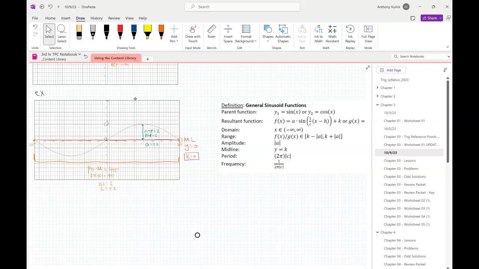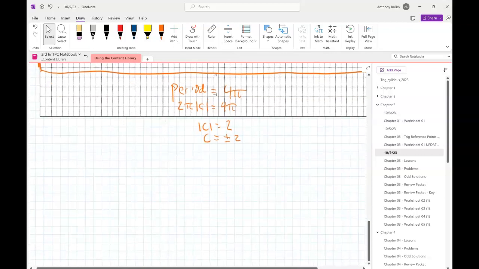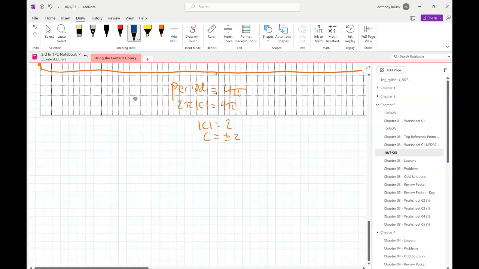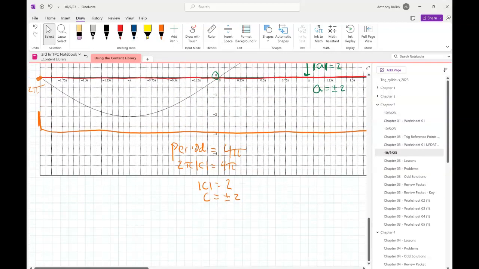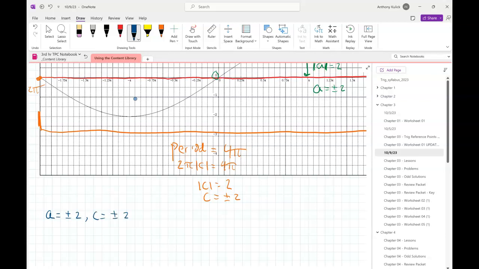All right. So let me zoom in here a little bit. Let's summarize here. We know A is plus or minus 2. We know C is plus or minus 2. And we know that K is 0.